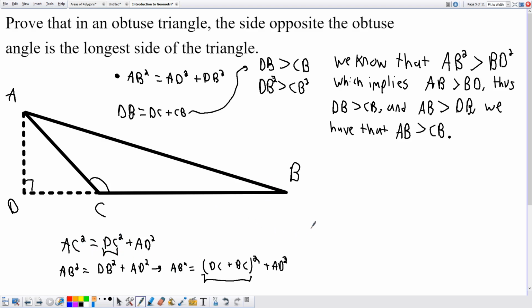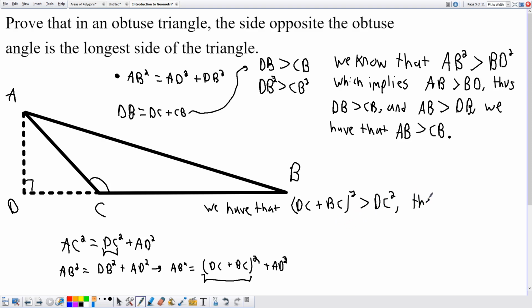So we have that DC plus BC, squared, is greater than just DC squared, because this side has DC plus another positive number, so it's a greater number than DC squared.